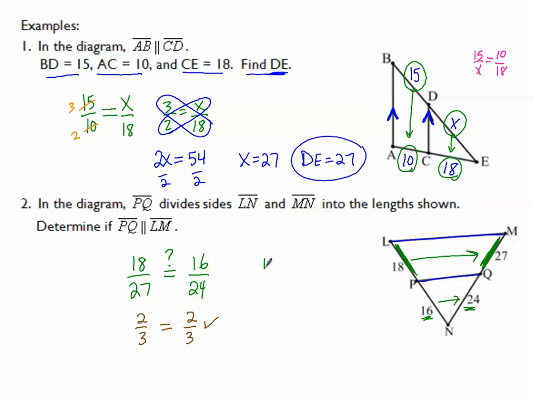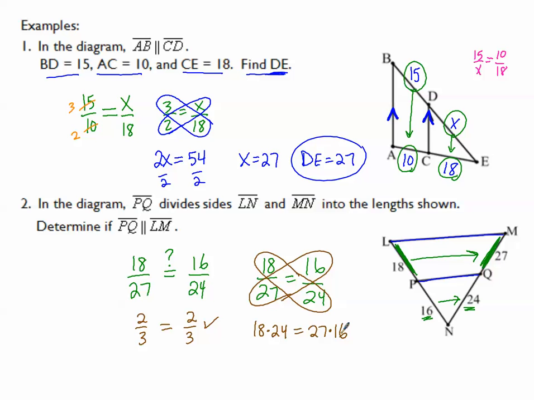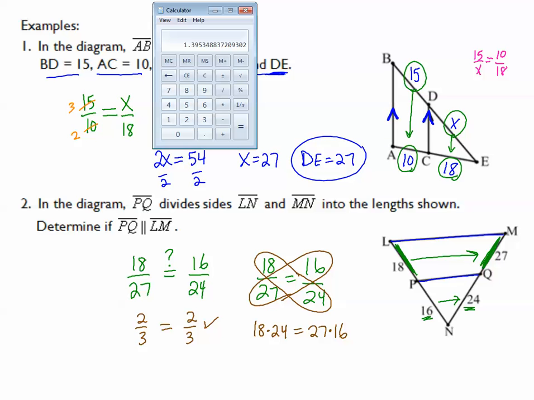We could have checked it this way. 18 over 27 equals 16 over 24. We could have checked it by cross multiplying. What is 18 times 24? What is 27 times 16? Are they equal? Let's see. 18 times 24, 432. 27 times 16, 432.